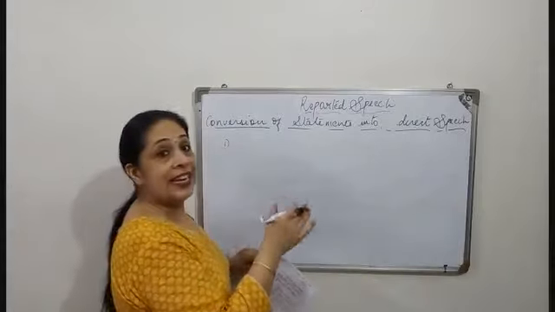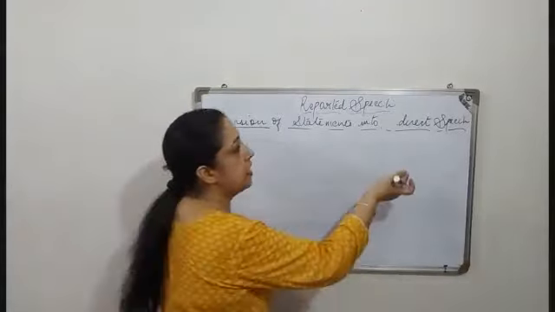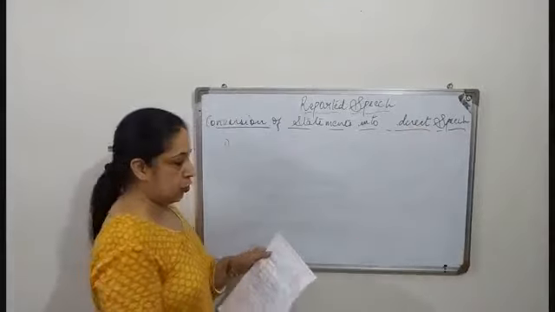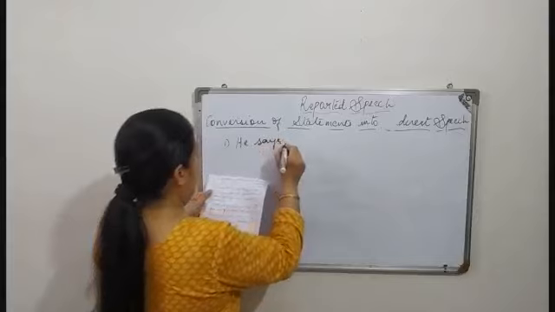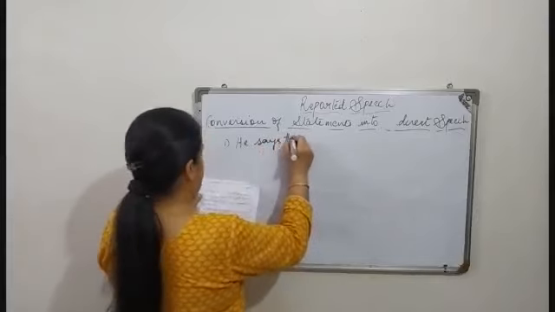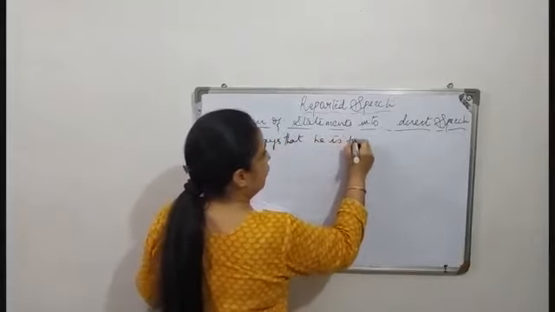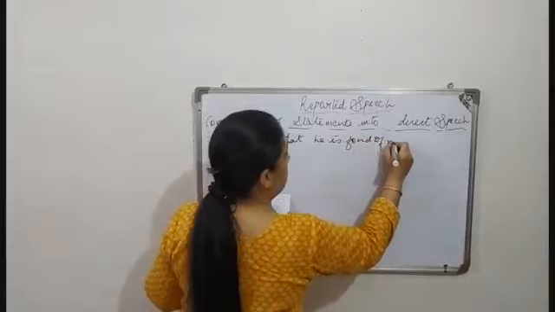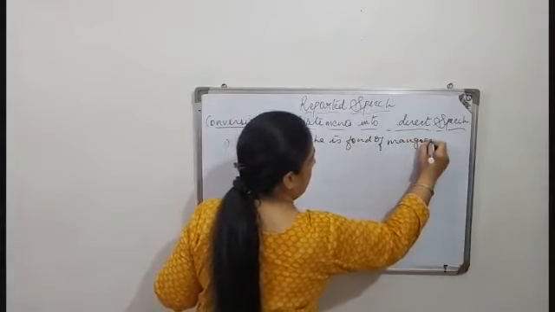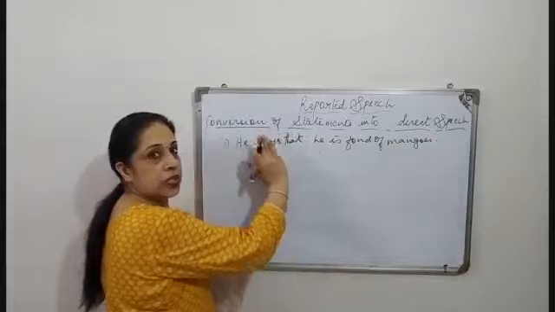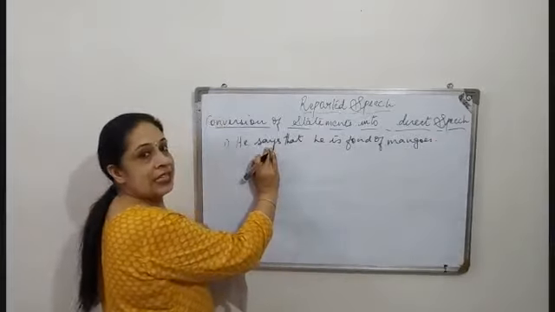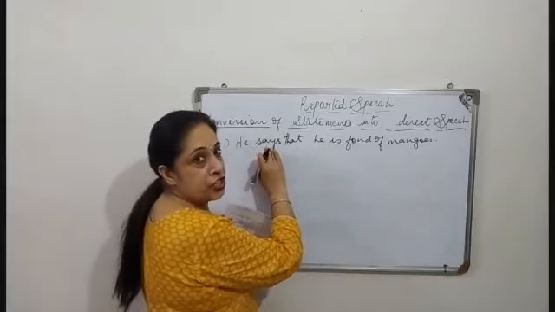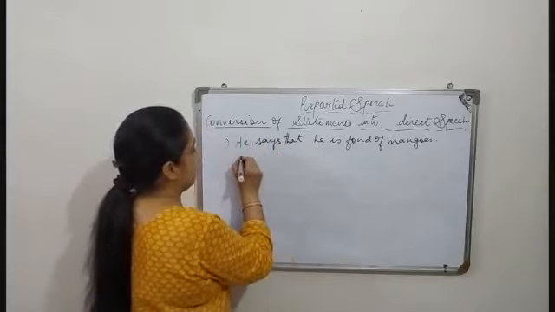Now this I'm writing in indirect speech, which we have to convert into direct speech. Alright, he says that he is fond of mangoes. Because this is an indirect speech, there are no inverted commas here. We have to put them. So I told you this is says, and the tense does not change in this. So let us see how we have to say.